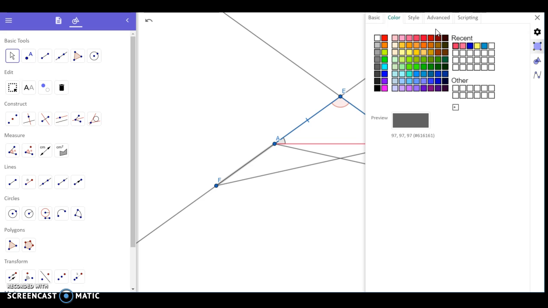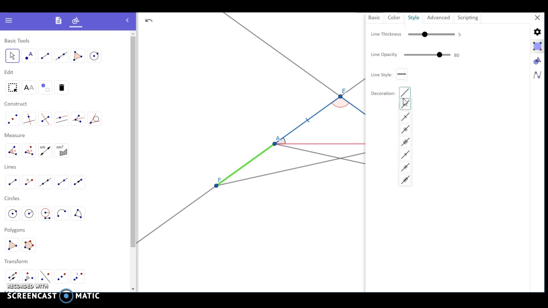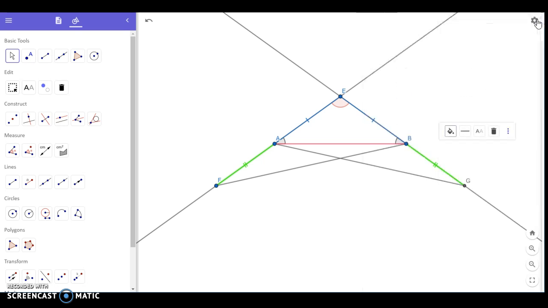So let's give them their own little color so they can be buddies. We're going to give them green. Yeah, like that. And we're going to mark them same size. It's real good.